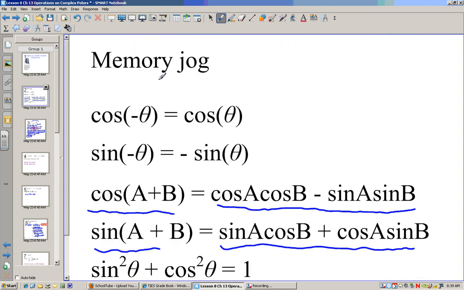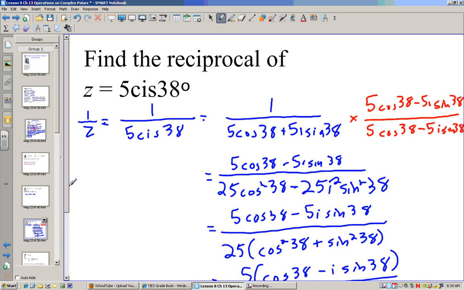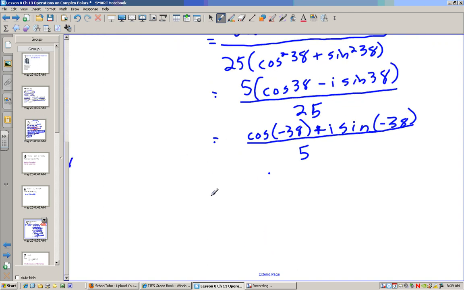We can look back at the rules here. Cosine of negative theta is just cosine of theta, whereas sine of negative theta gives us a negative sine of theta. So now that we have it here, we can say this is 1/5 cosine i sine of negative 38.